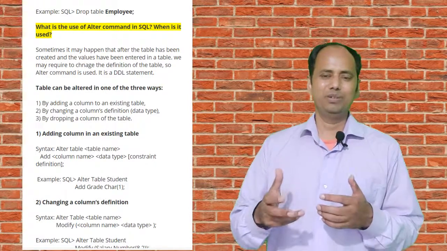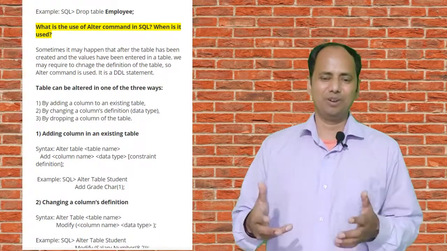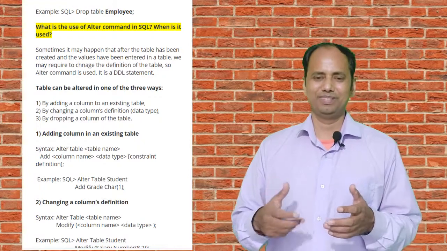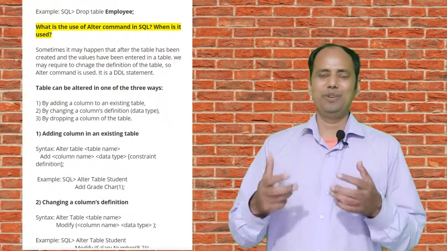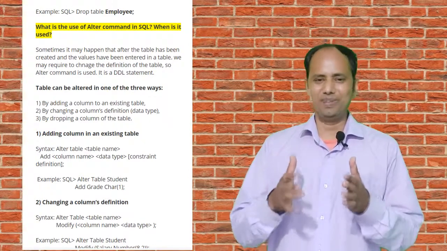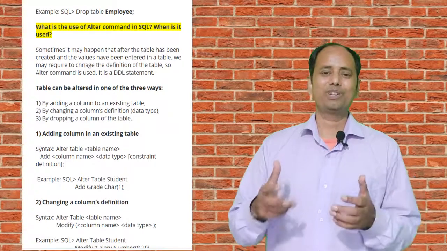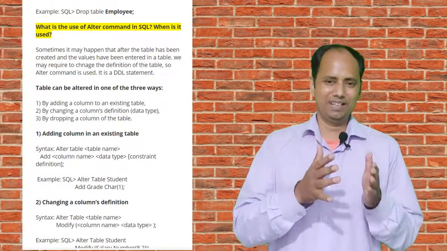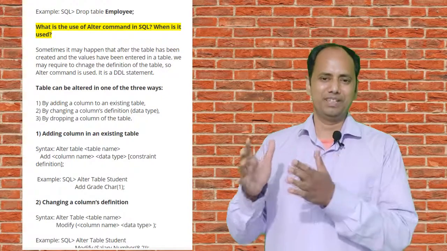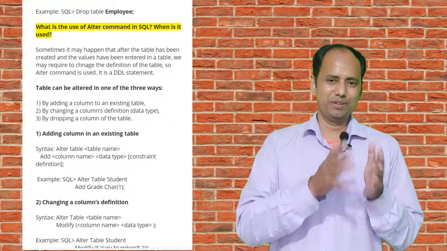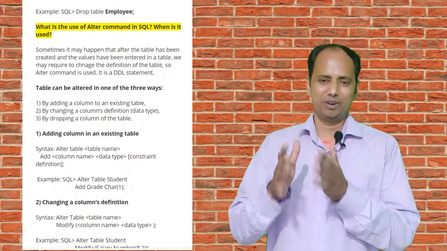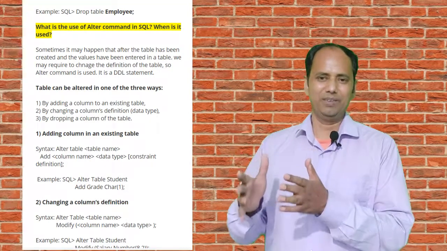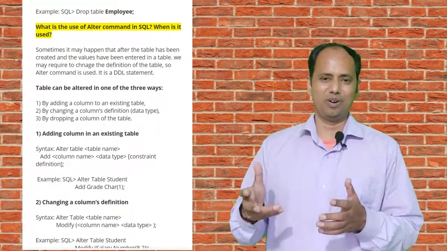So this way we use this command to add a column in a table. Now second use, when we want to delete a column in an existing table. We will write alter table, then table name, then we will write drop and column name, and this way we will delete that column.